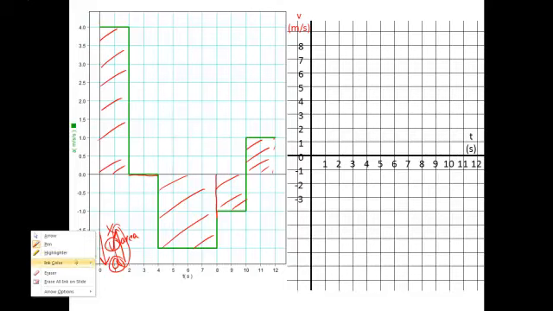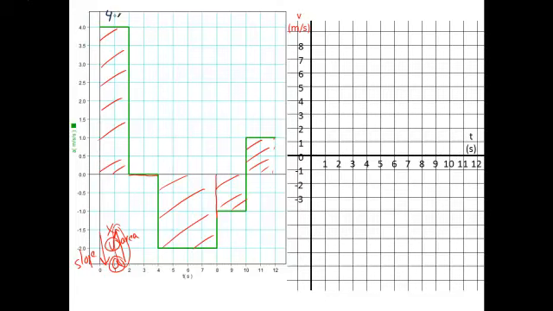Now let me get a different color pen here, and this area here has a base of 2 seconds and a height of 4 meters per second squared. So 4 times 2 is going to give me 8. And if I use the correct units, that would be 8 meters per second.